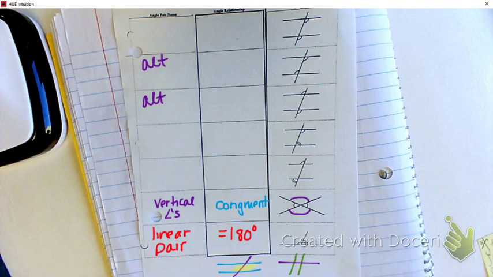Outside the parallel lines, so outside of wherever the lines are, that's exterior. Okay? So the second one is going to be interior. And the third one's going to be exterior.